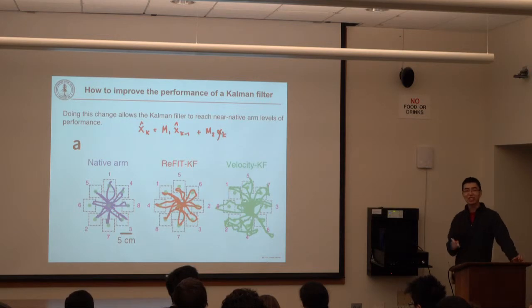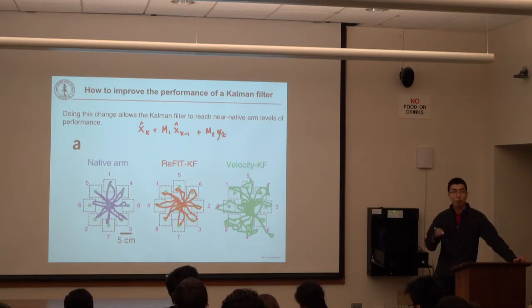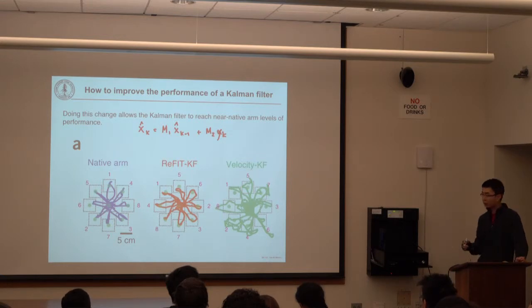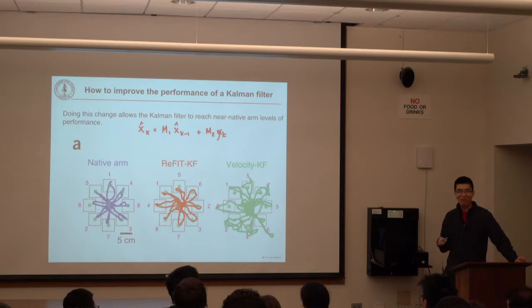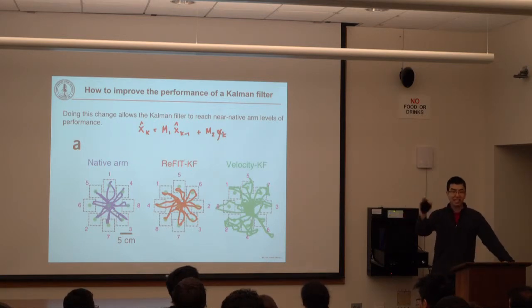But then there's also a poor intention estimate. So in the velocity KF, this is just anecdotal. You won't see this in any papers. When the monkey tries to stop on the target, because there's so much momentum in this M1, it actually overshoots the target, and then he has to go back.